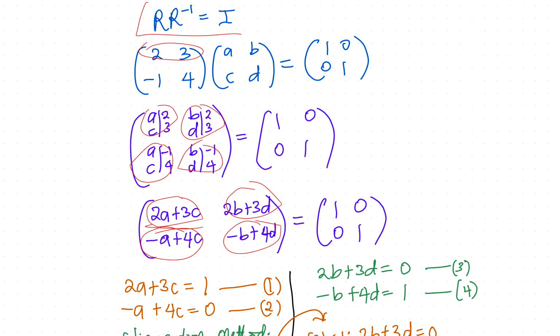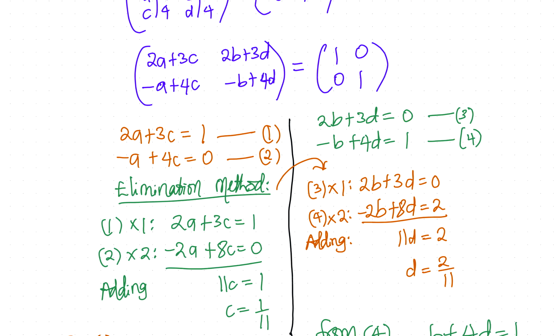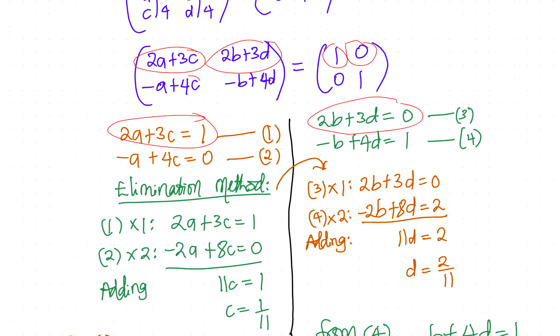The next thing to do is to equate corresponding elements. So this is 1, 1 here, so 2A plus 3C equals 1. 2B plus 3D equals 0. Minus A plus 4C equals 0. And minus B plus 4D is 1.